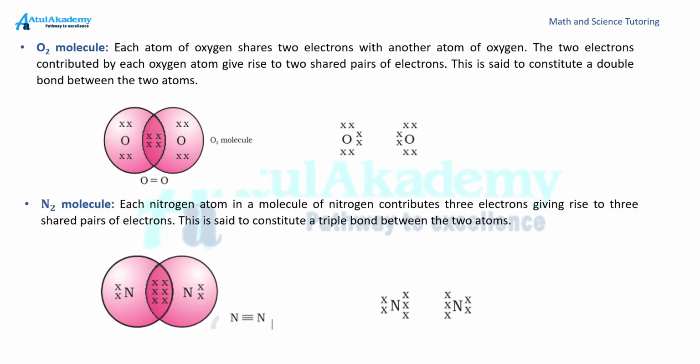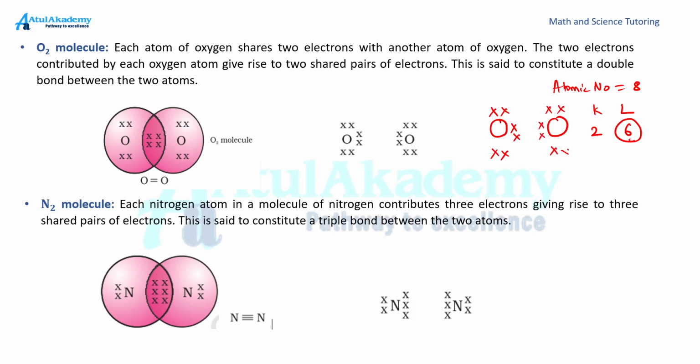Let's take another example, the oxygen molecule. Oxygen has atomic number 8, electronic configuration 2, 6. So it has 6 electrons in the outermost shell: 1, 2, 3, 4, 5, 6. I have to take another oxygen because the O2 molecule has 2 oxygen atoms.